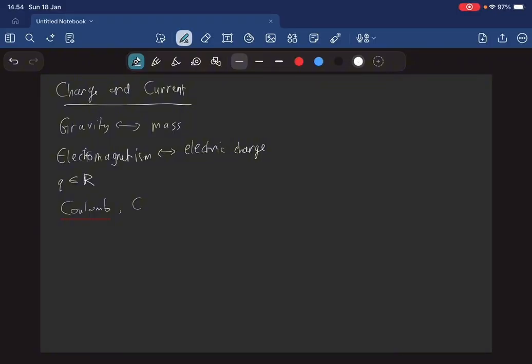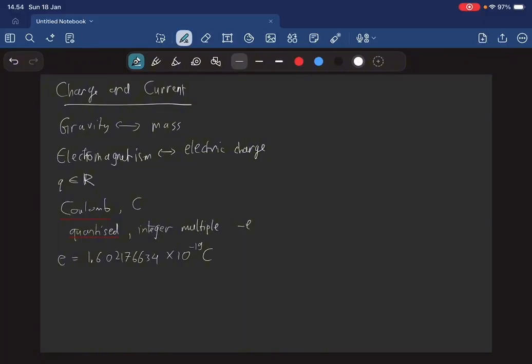This follows from the fact that charge is quantized, or the charge of any particle is an integer multiple of the charge carried by the electron, which we denote as minus e, with e equals 1.602176634 times 10 to the power of minus 19 C.